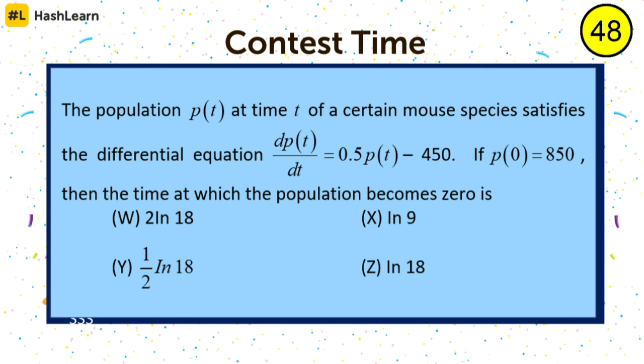It's the same type we have done already, a population type. The population depends on time. They're asking you the time at which the population becomes 0. So what is t when p is 0?